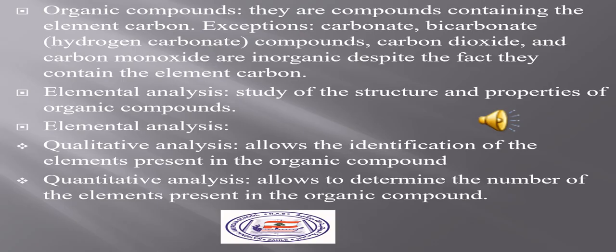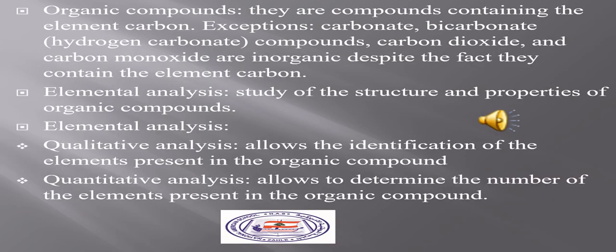So if you have magnesium carbonate, its formula is MgCO3. It contains the element carbon, but since it's a carbonate, it is not an organic compound. Carbon dioxide contains carbon. Carbon monoxide contains carbon, yet these compounds are not classified as organic compounds.